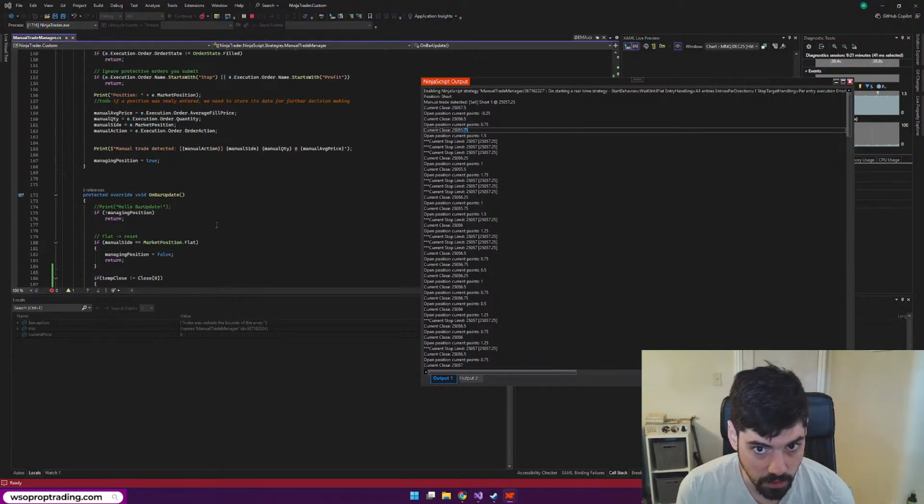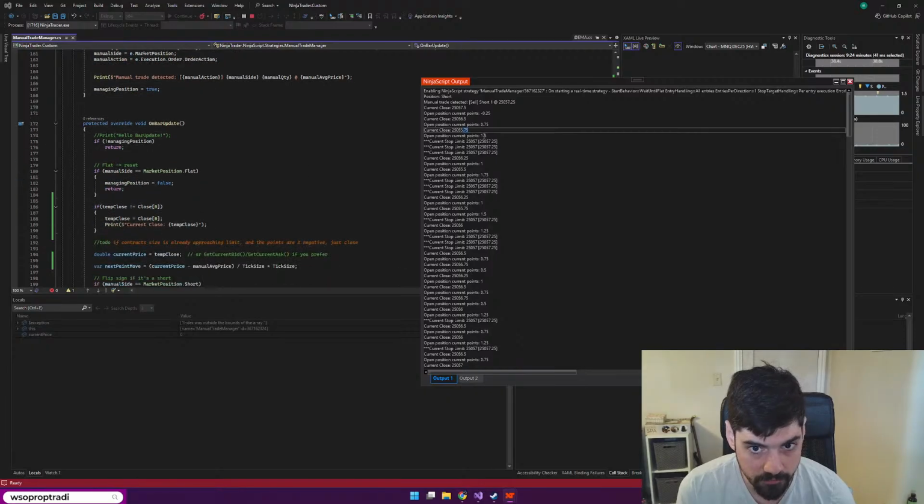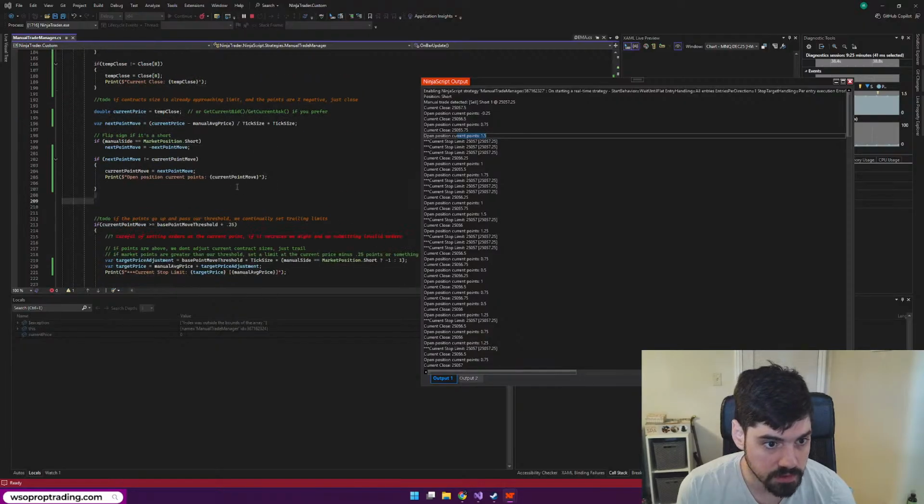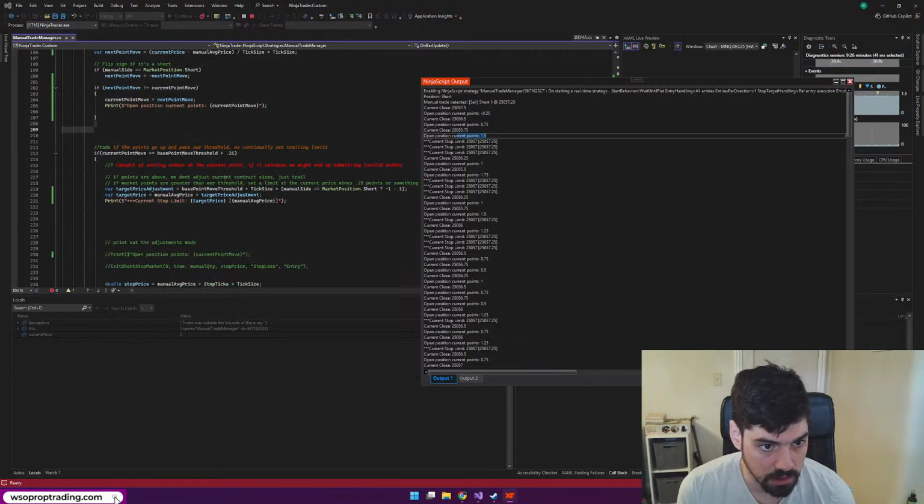I think it just jumped, right? So it's instantly at 1.5. Limit was reached. Okay, so current stop limit is being calculated wrong for sure, right?